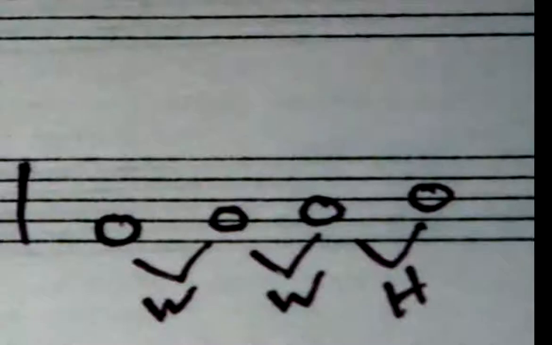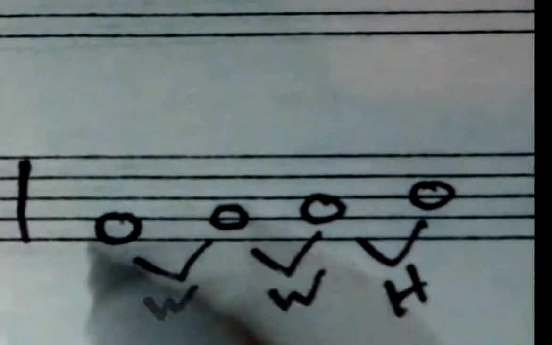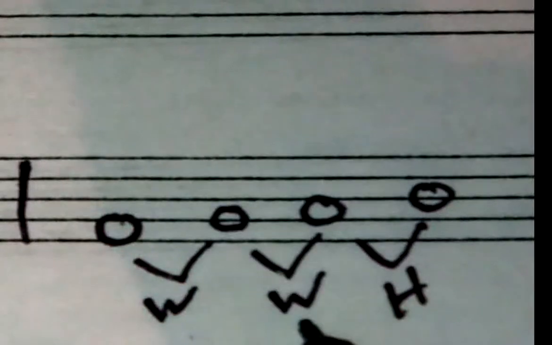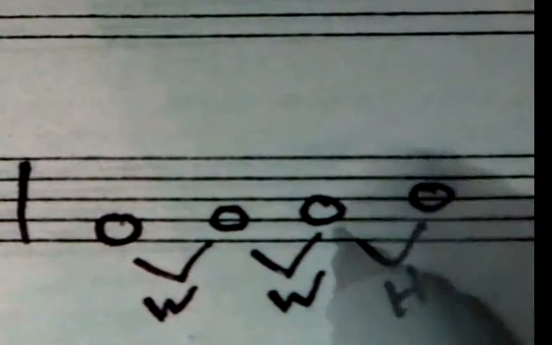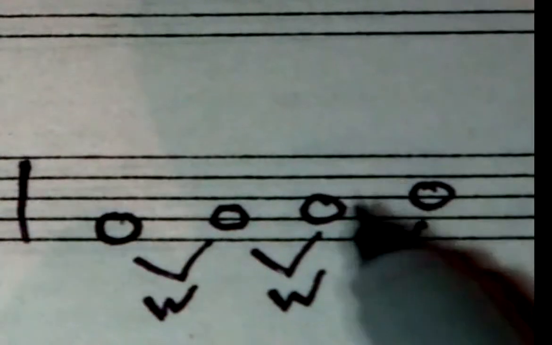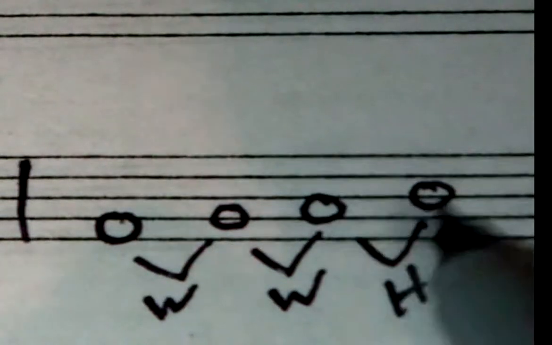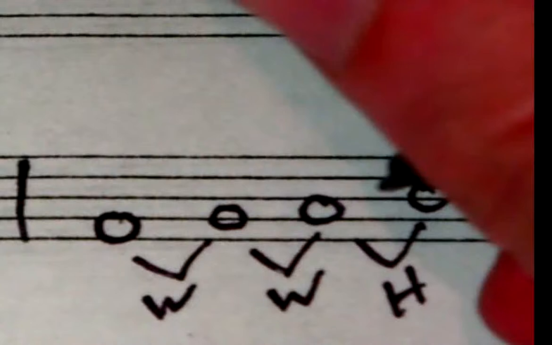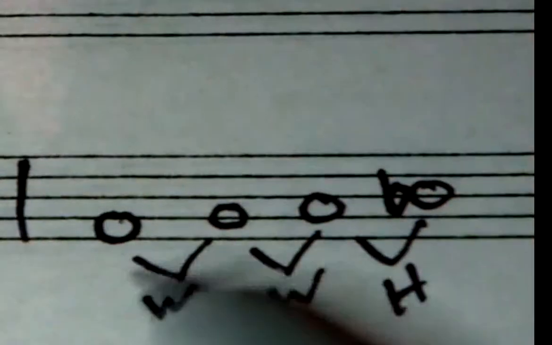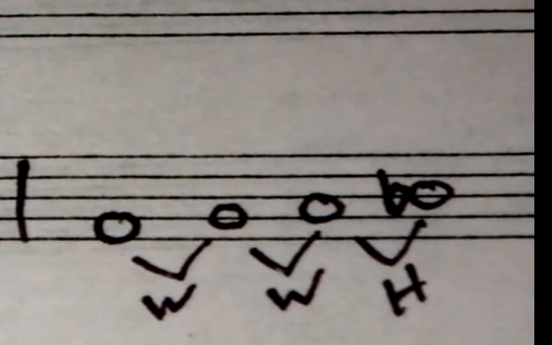So let's just double check. F and G, that is a whole step. G and A, that is a whole step. A and B, that is a whole step, and it's supposed to be a half step. How can I create a half step instead of a whole step? I flat that B. So that is how we create a tetrachord.